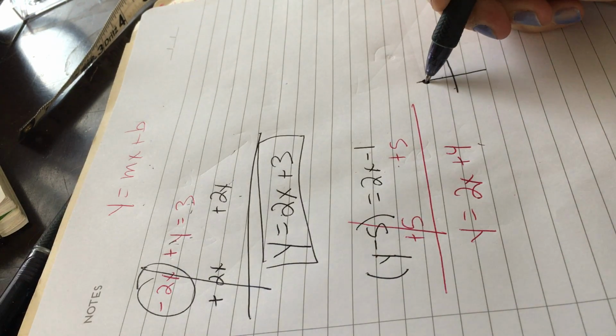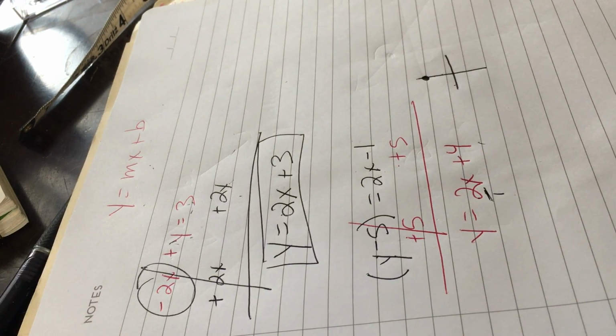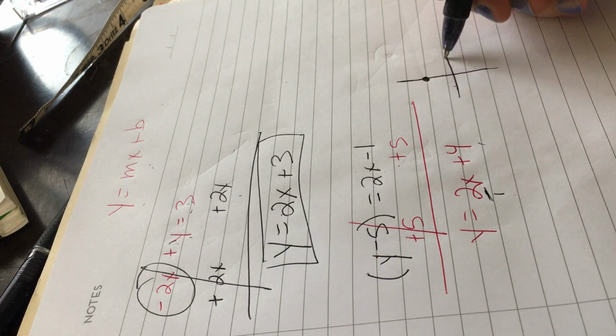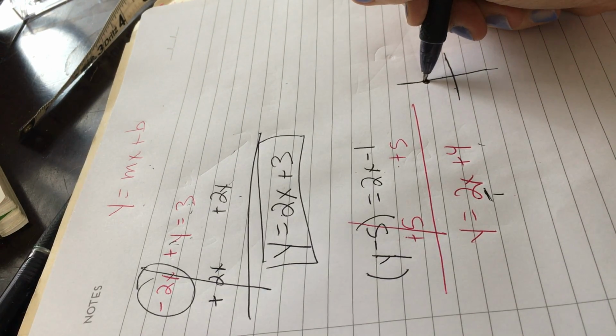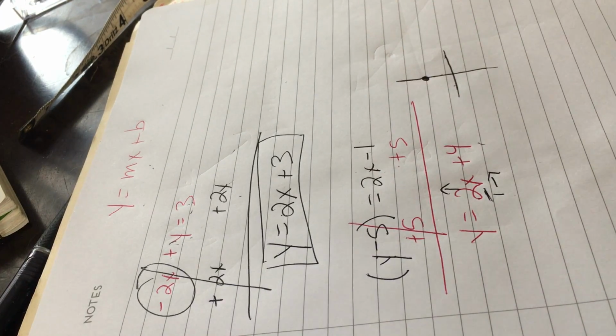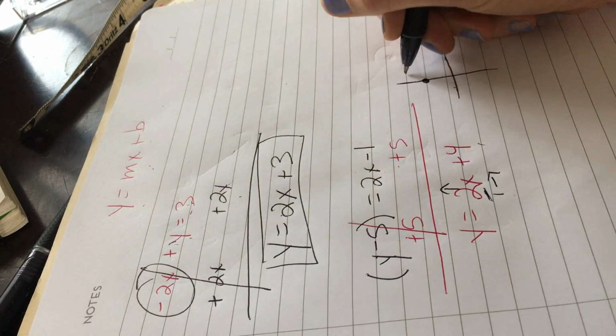So there's my y-intercept. My slope is 2, or 2 over 1. Let me extend that a little bit. So I go up 2, to the right 1, up 2, right 1.